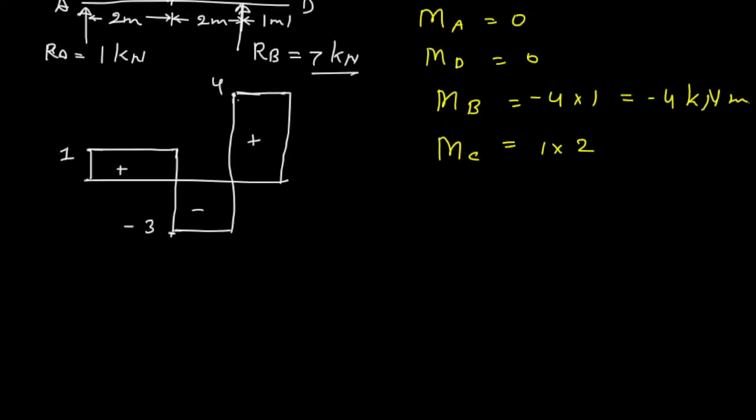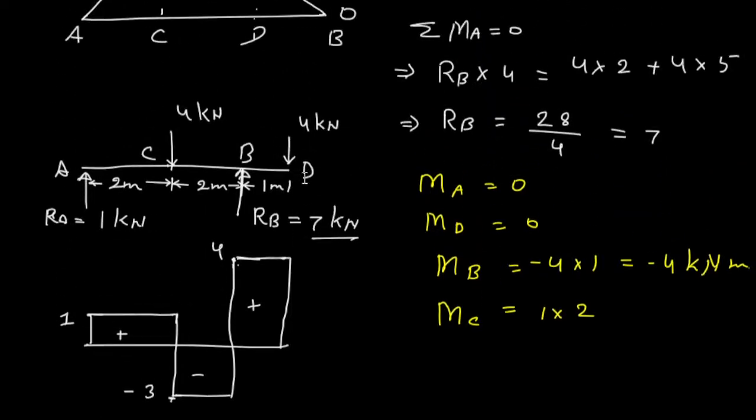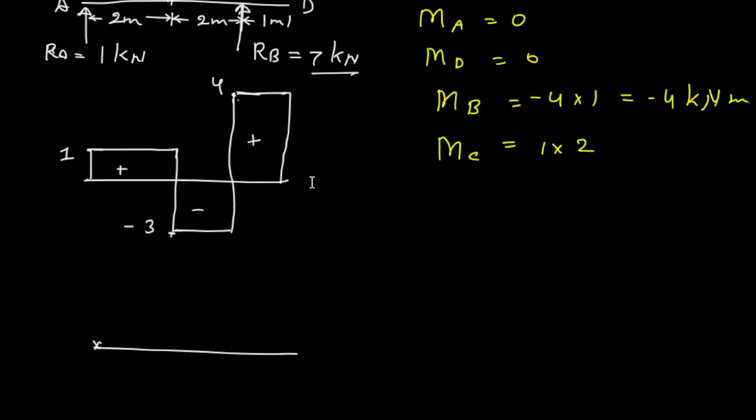Here for bending moment, we will draw this line first. Moment at A is 0. First we will see C. What is moment at C? It is 2. So here we will get a value 2. It will be joined by a straight line. Then moment at B is minus 4.